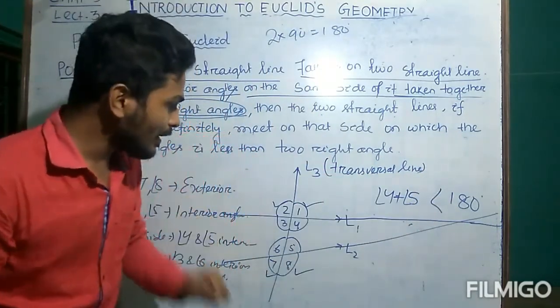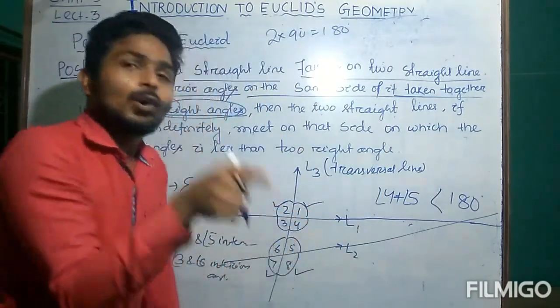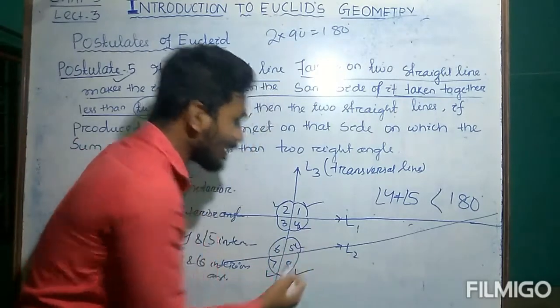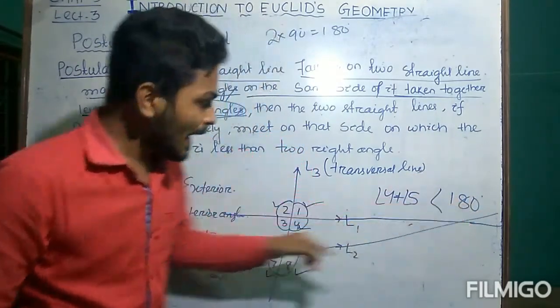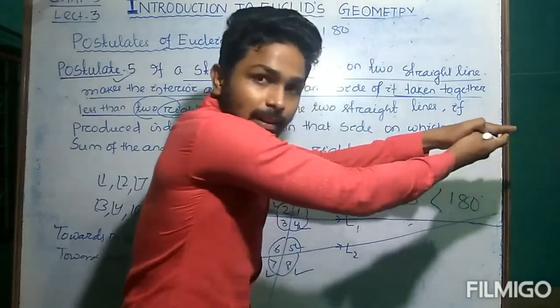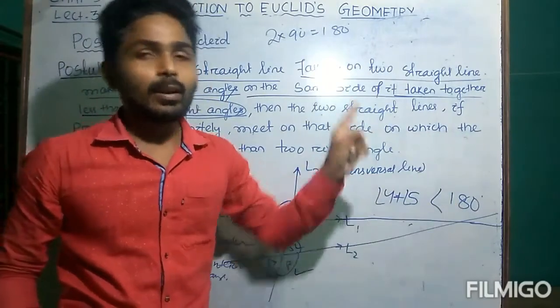But the condition is that on that side the sum of the interior angles should be less than 180 degrees. If it is less than 180 degrees and you produce them indefinitely, then they will meet each other. Otherwise, they will not meet.